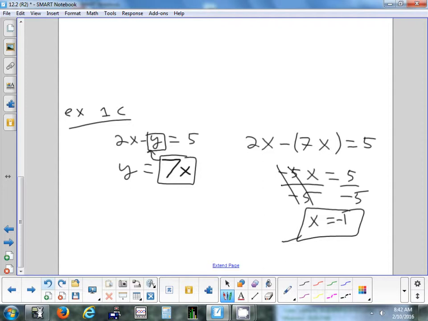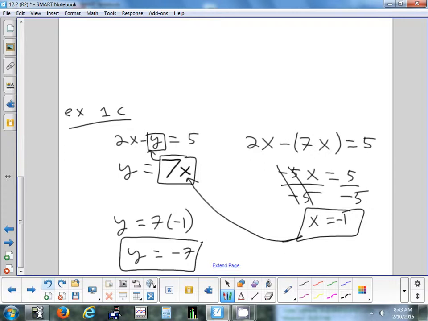But now we know x, right? What's x? X is negative 1. So we're going to fill in negative 1 for x. So who can tell me what's y? Y is negative 7. Remember, this is multiplication. 7 times negative 1.